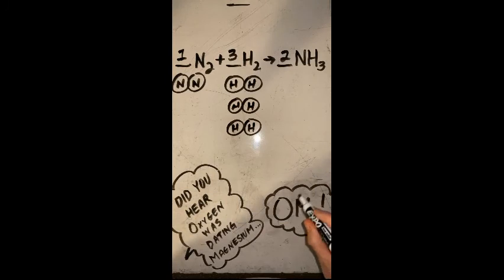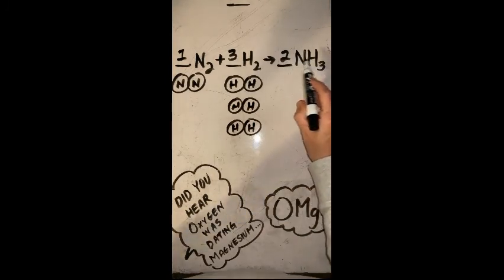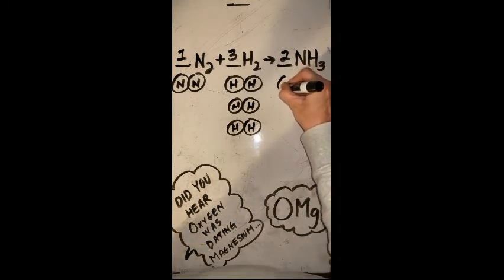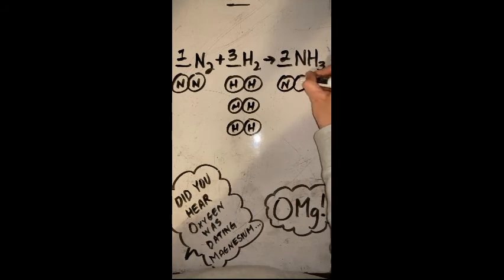And on the product side, we're going to form 2 moles of NH3, or 2 sets of NH3.